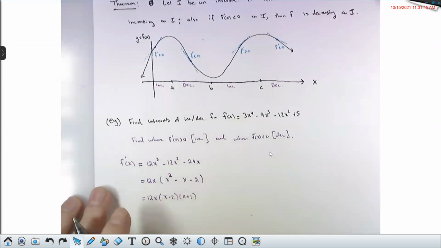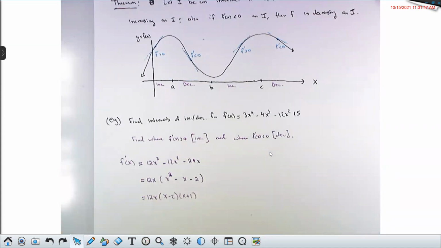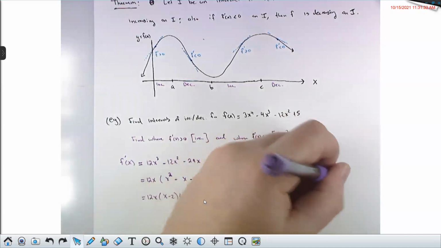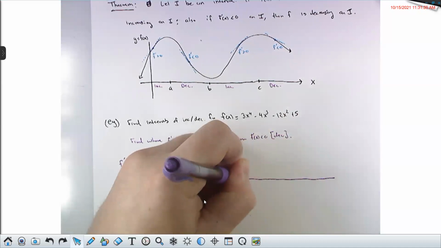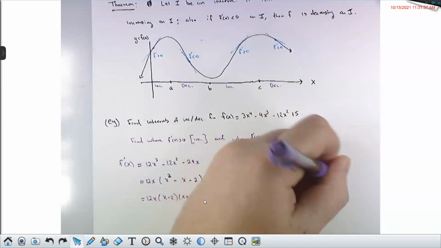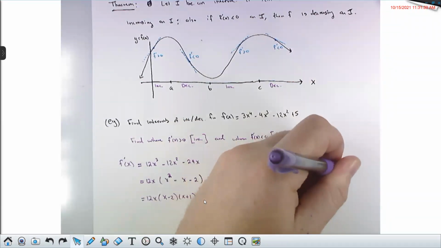So when you're trying to find out where any polynomial is positive or negative, what you need to do is find the places where it can change sign. And remember, those are what we call critical numbers. So you're going to find your critical numbers by taking the derivative and factoring it. And then you'll place those critical numbers on a number line. And I like to label my number line.